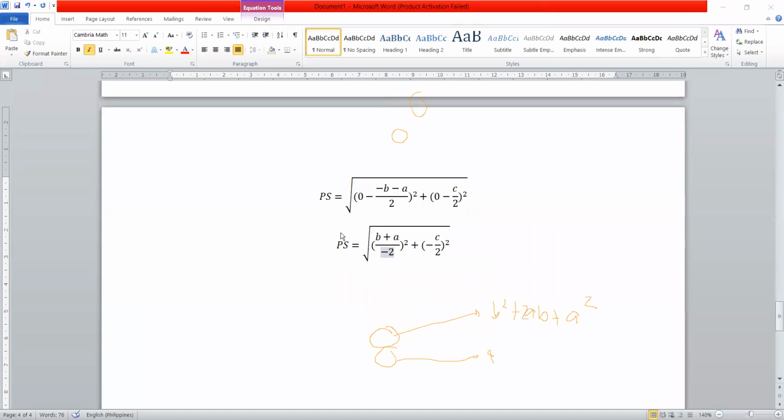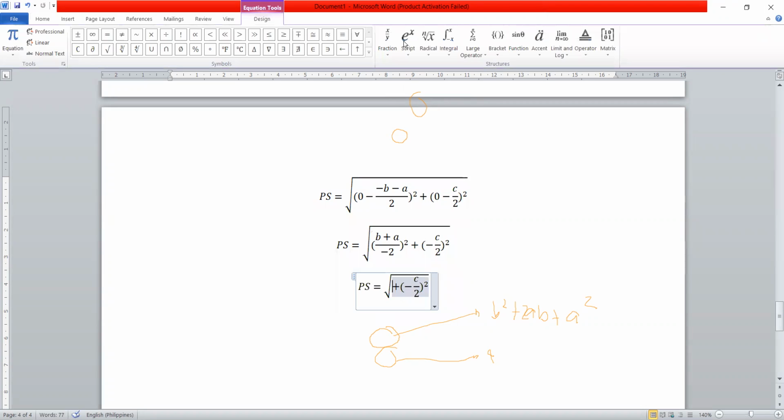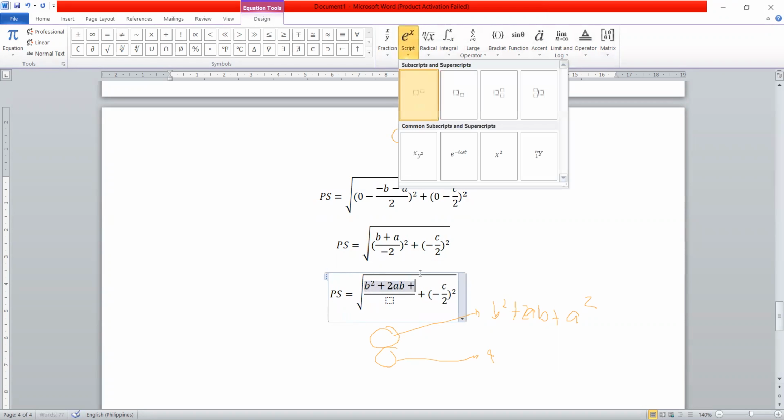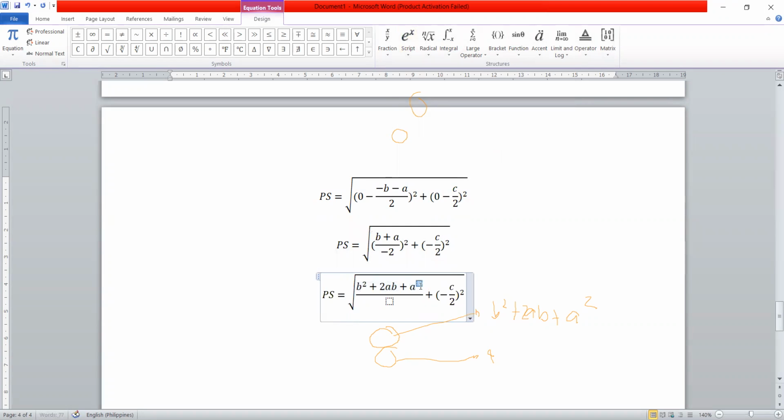So I'll write that down again. You have here b squared plus 2ab plus a squared over 4.